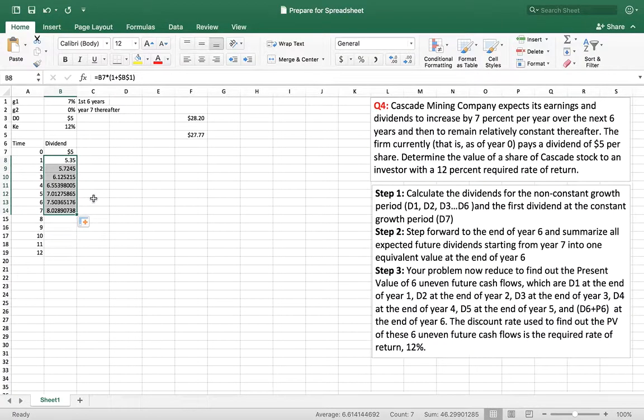We can see that I now have the dividend information up to year 7, D7, which is the first dividend for the constant growth period.